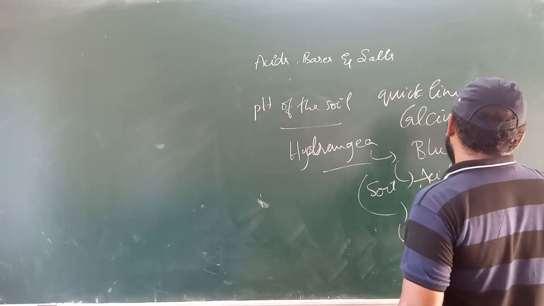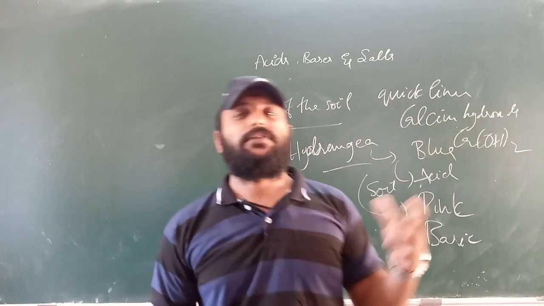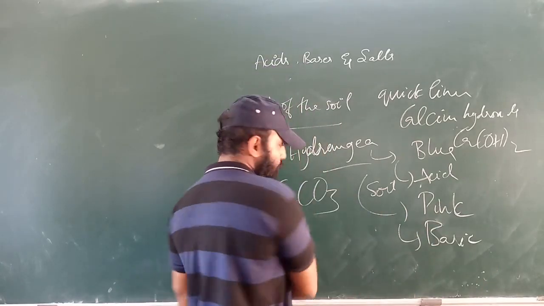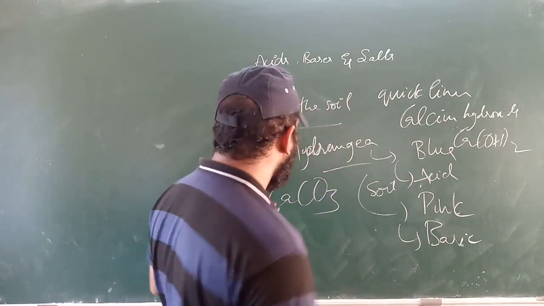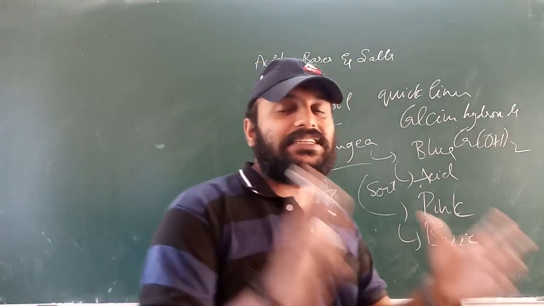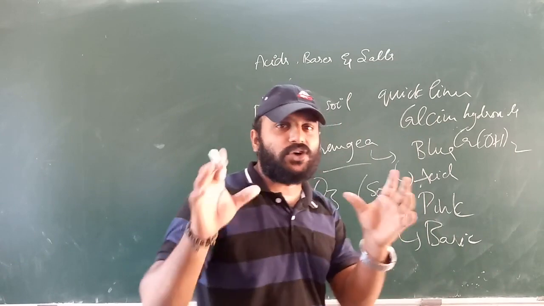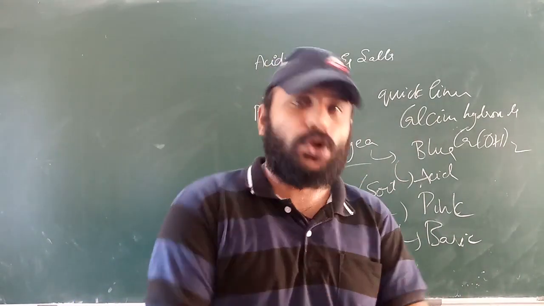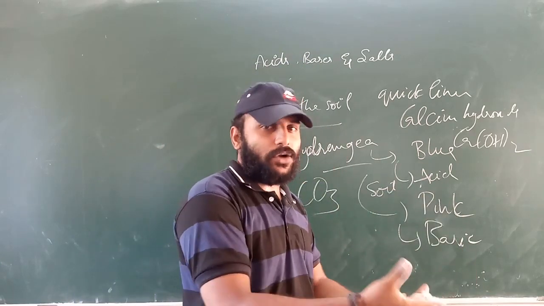Either they will use quicklime, calcium hydroxide, or they will use calcium carbonate, CaCO3, to decrease the acidity of the soil. Understood everyone? The pH of the soil plays a major role in the healthy growth of plants or crops. For that purpose only, farmers test the soil before they do the cropping.